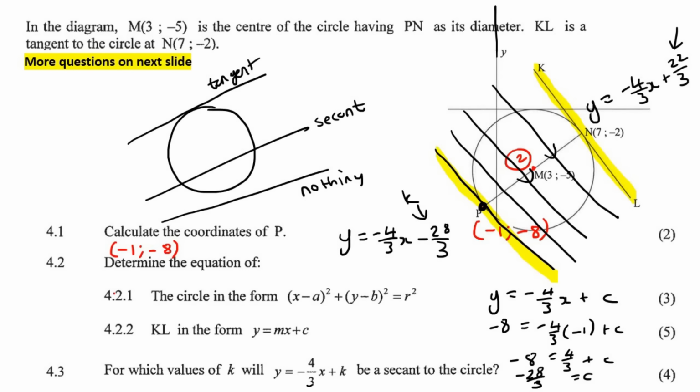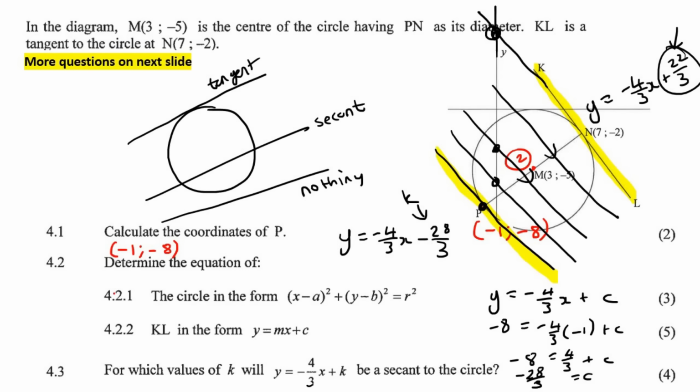Now, if you increase this k value, well, then your y-intercept starts going up, and then you get this line, and then you go up some more, you get that line. If you go up some more, you're eventually going to get there, and there. And then if you go up to 22 over 3, well, then your y-intercept would be about there.